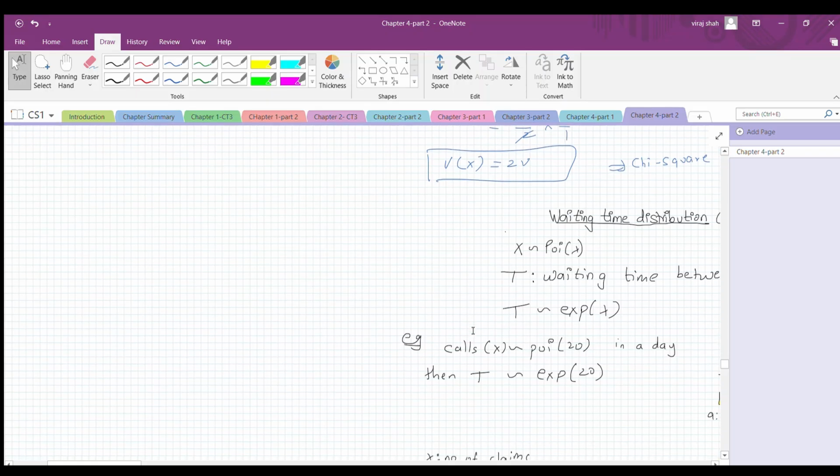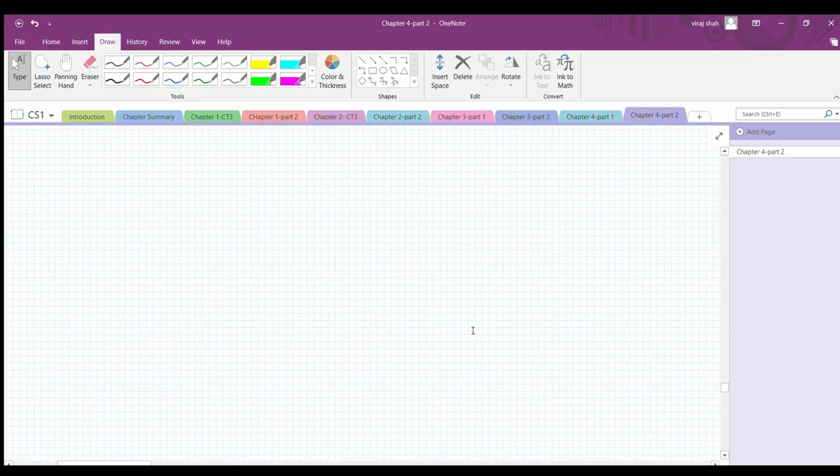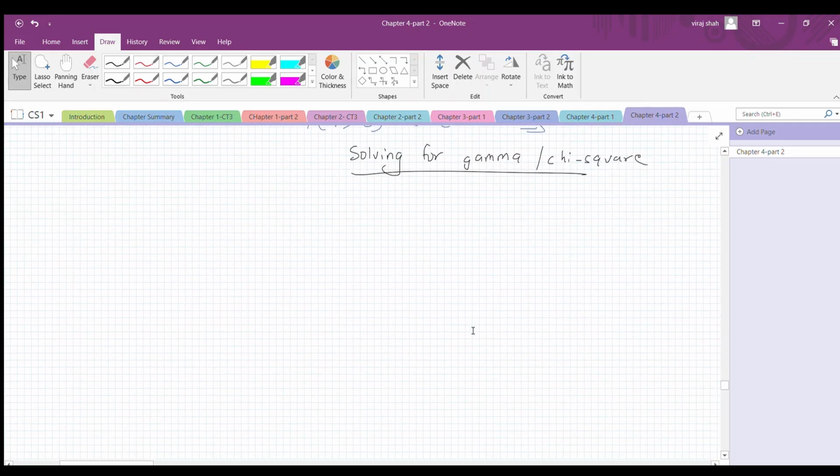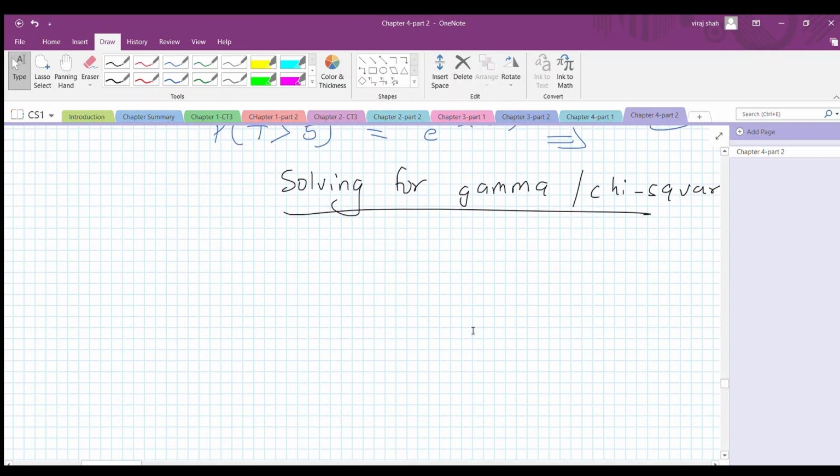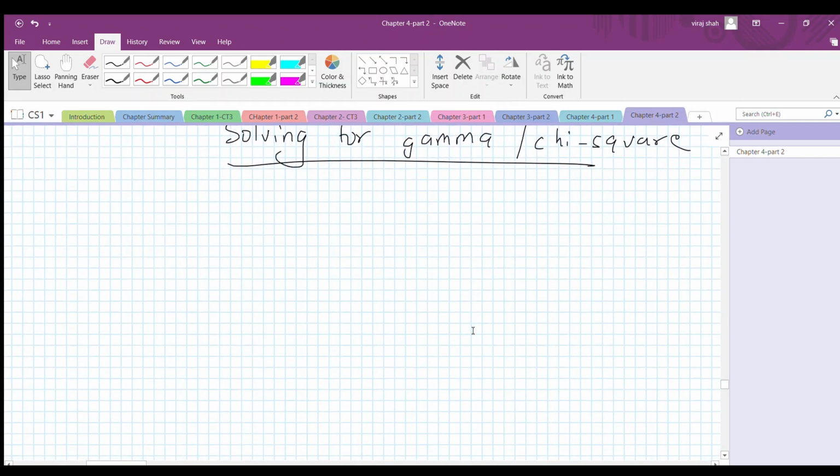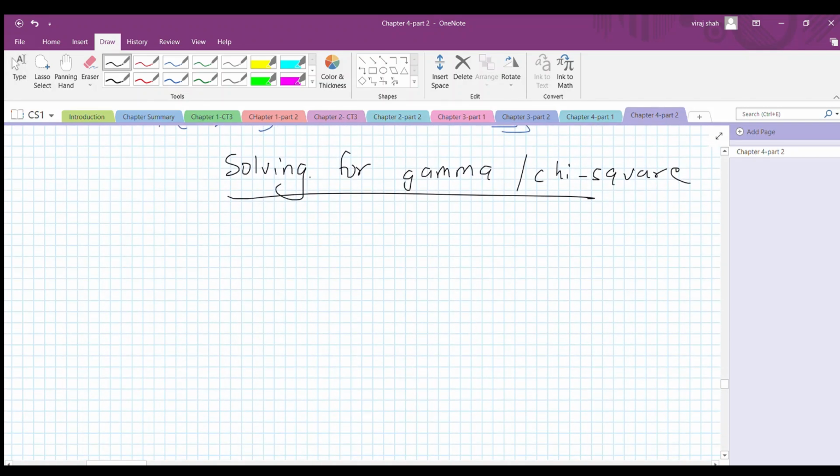Now, basically solving for gamma and chi square. How do you solve for gamma and chi square? We will understand that in depth. So suppose x follows gamma with parameter alpha and lambda, right? And what is my f of x?